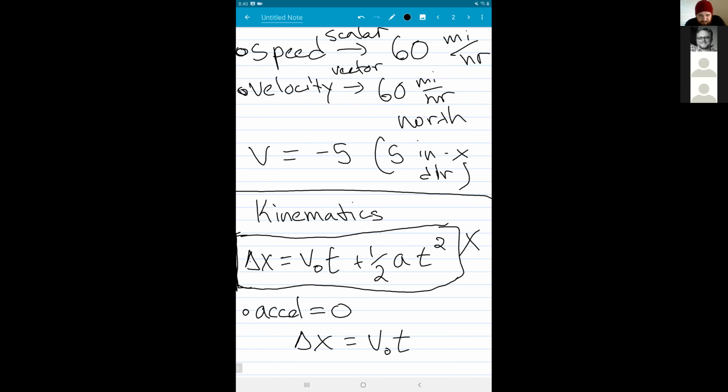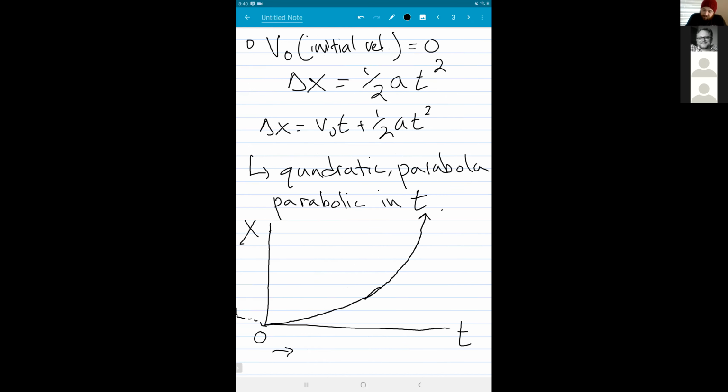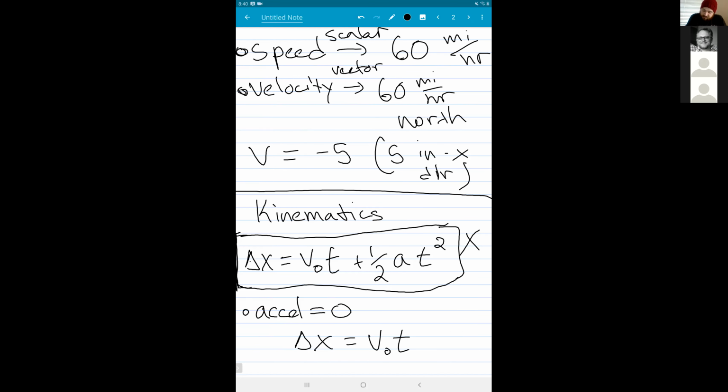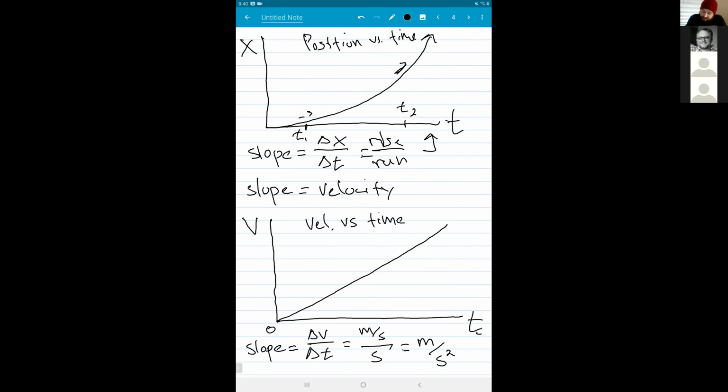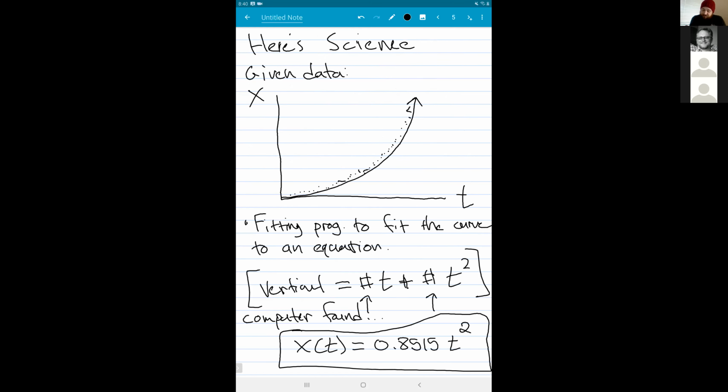But okay, so we're almost there. So being the clever little physicists that we are, we decided that we're expecting it to have this form of this kinematics equation here. So we tell the computer to fit it to that form. It does, and it retrieves this x of t is 0.8515 t squared. What does that mean?